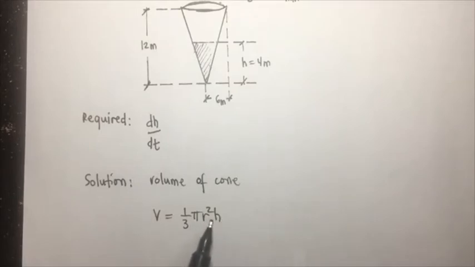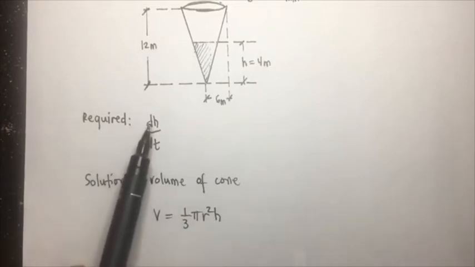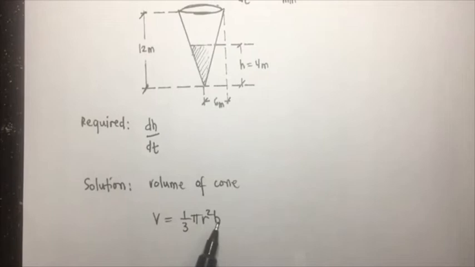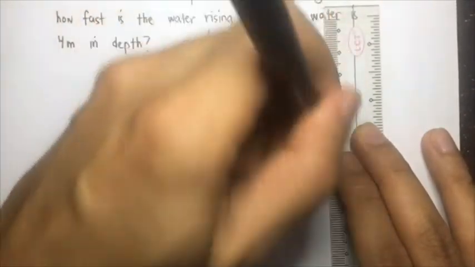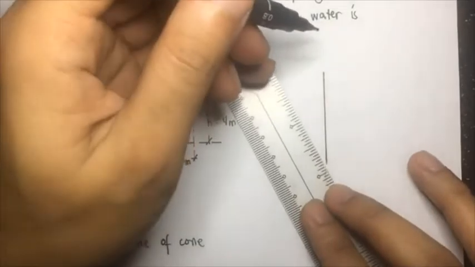So we need to express volume as a function of one variable only. Since we are required dh over dt, we must eliminate r squared and express it in terms of h, or the height. If we examine this, say for example we take half of the cone.